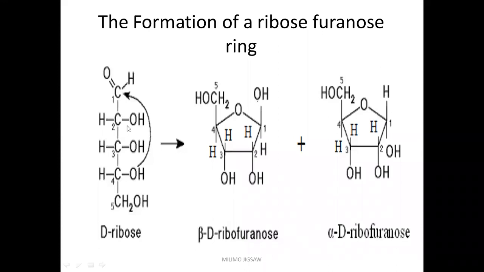So I was saying that carbon 4 will combine with carbon 1 to form a 5-membered furanose ring for both ribose sugar and deoxyribose sugar.